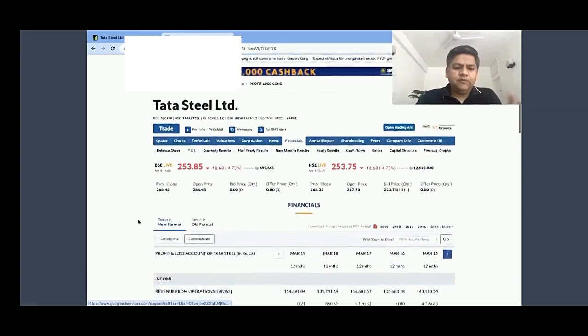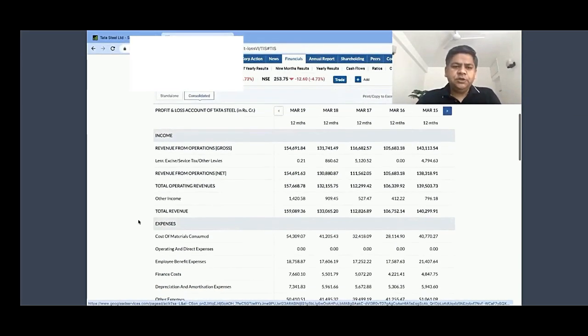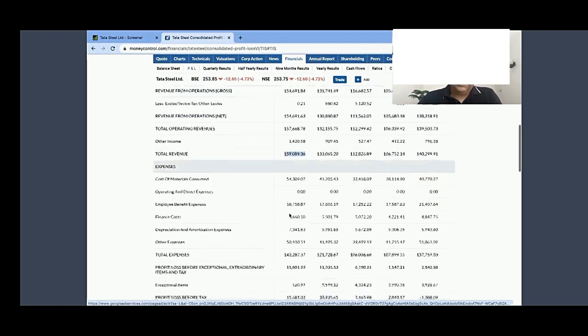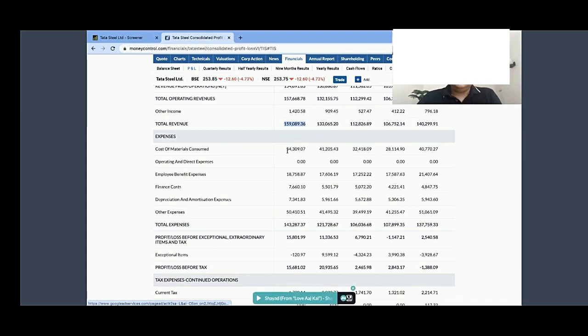Now coming to the format of Moneycontrol. The format of Moneycontrol is they club all the incomes together and show you the total revenue here. They subtract all the operating cost. So cost of material consumed, you understand that. For steel you will need a lot of other materials as raw material. Operating and direct expenses in processing that material.